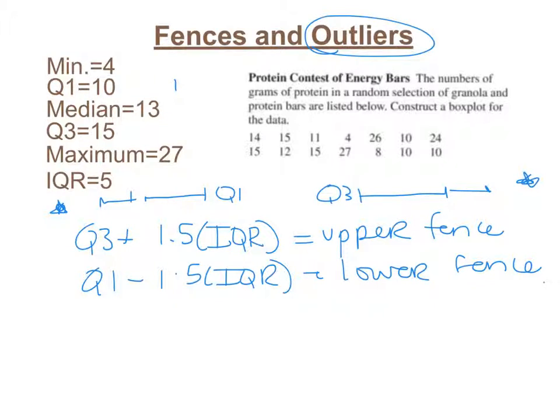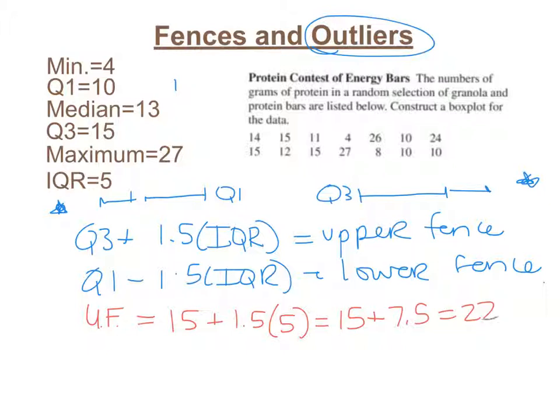So the upper fence looks like this. Upper fence. So this is 15 plus 1.5 times 5. So it's 15 plus 7.5, which is 22.5.